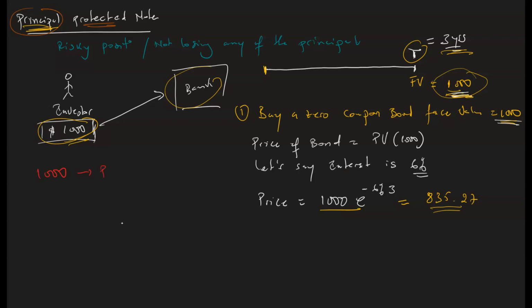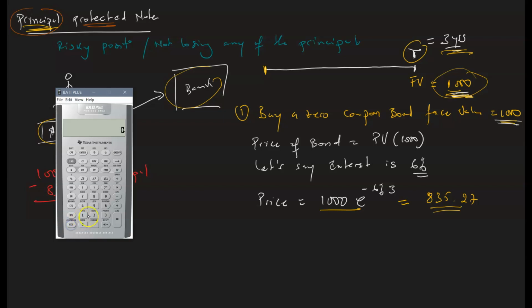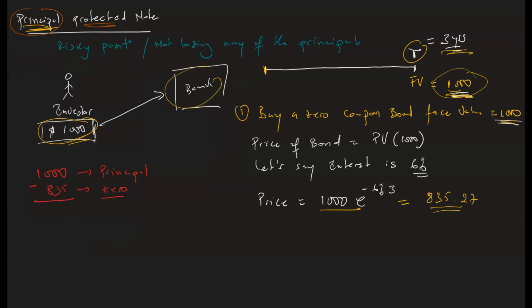That is the principal. And the bank is going to spend $835, rounded, for the zero coupon bond. And so what is going to be left is $1,000 minus 835 equal $165.